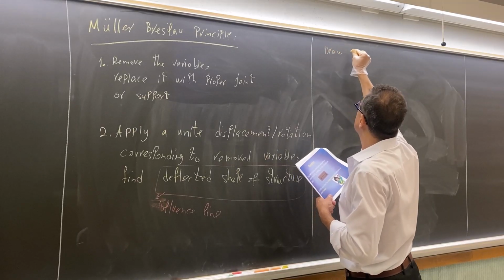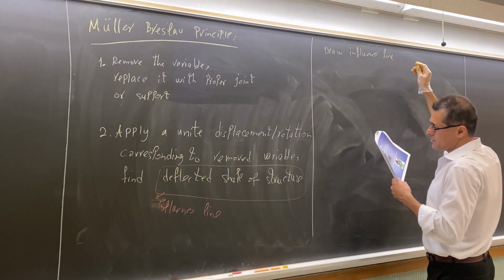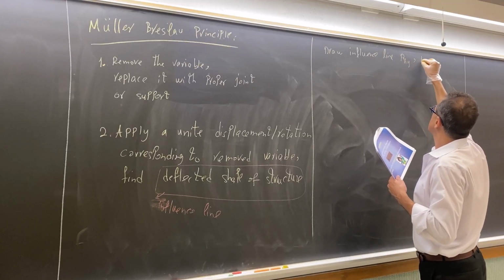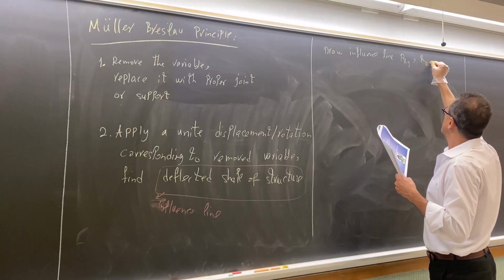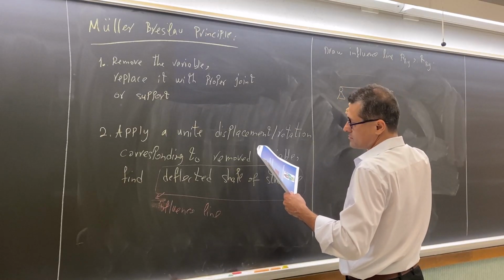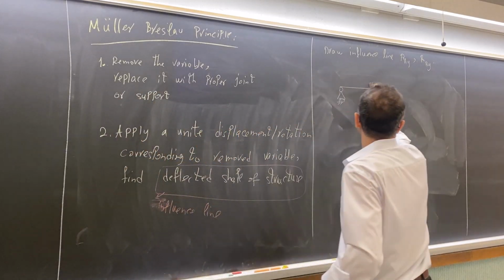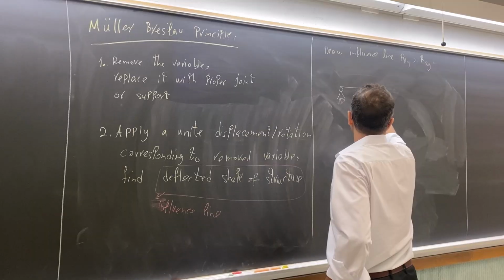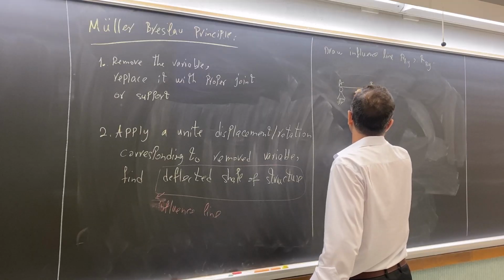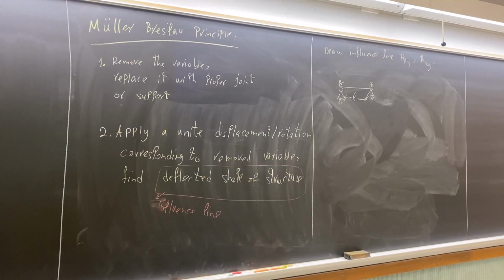Draw the inference line for the support reaction at point A, vertically, and the support reaction at point B. There is a beam with support reactions A and B. So we start with a simple question. Okay, I'll give you time to take a note and then we solve it.